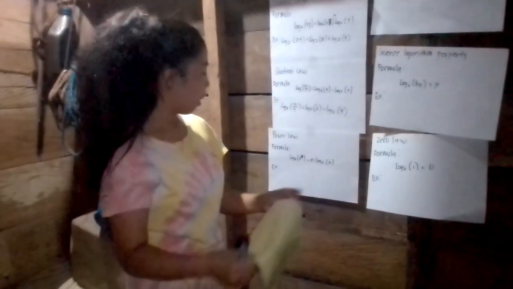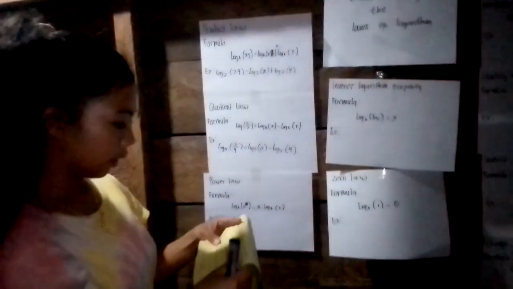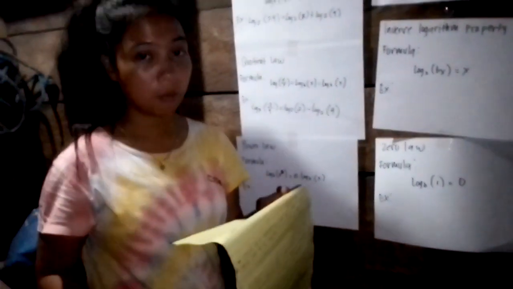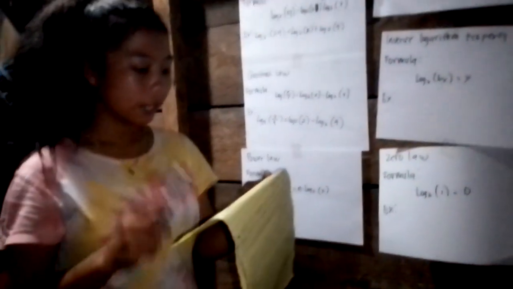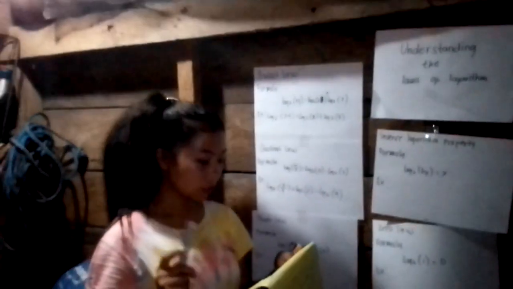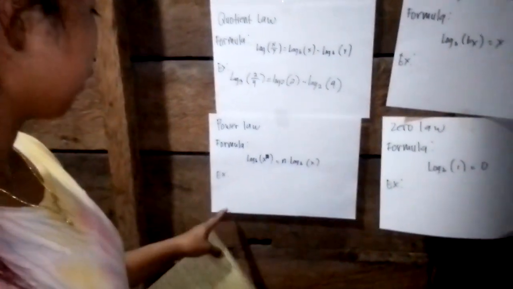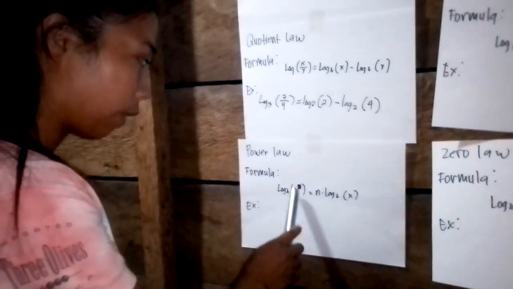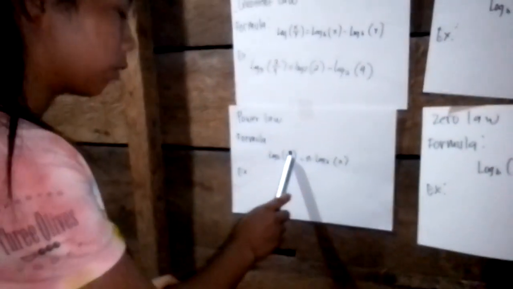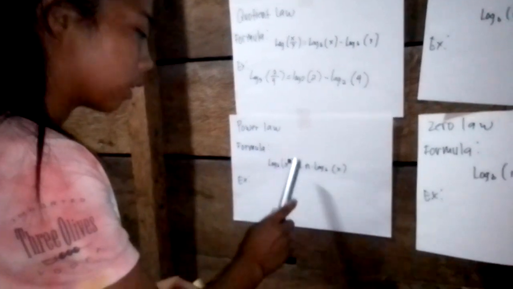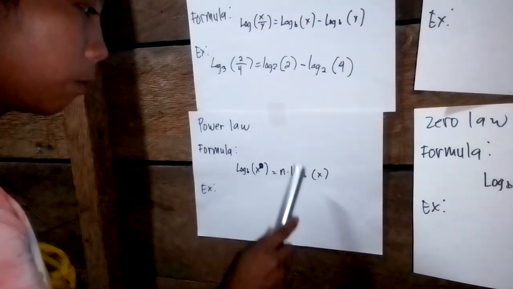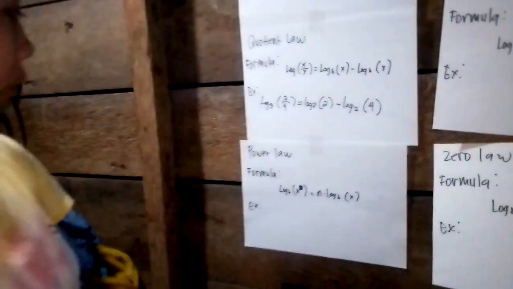Let's proceed to the power law. This law states that the logarithm of a number raised to a power is equal to the exponent times the logarithm of the base. So the formula of the power law is log base b of x raised to the power of n is equal to n times log base b of x.